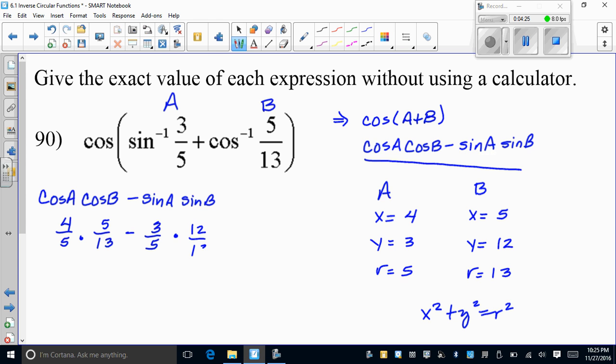So we get 20 minus 3 times 12 is 36. And 5 times 13 is 65. And 20 minus 36 gives me negative 16/65. And that is our answer.